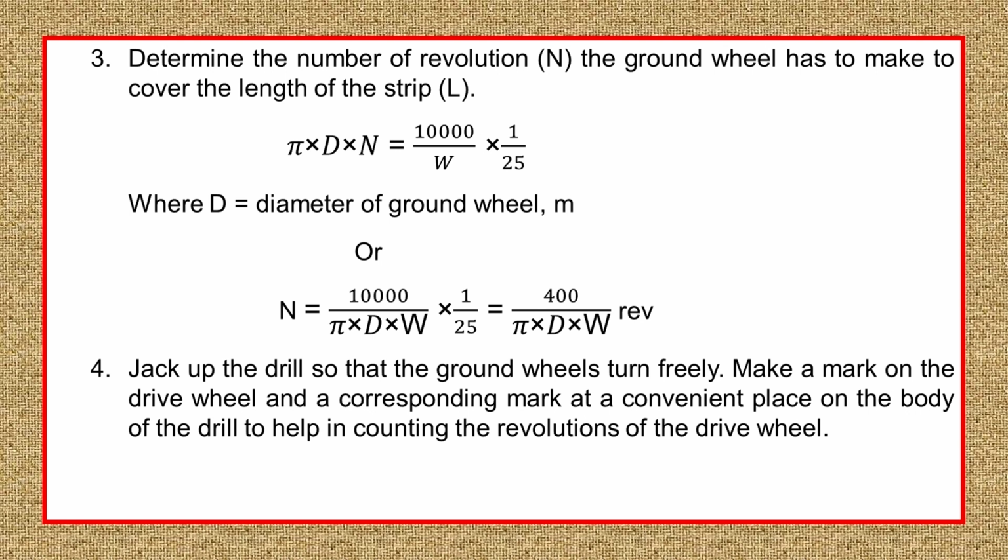Then we will mark on the drive wheel as well as a corresponding mark at a convenient place on the body of the seed drill or planter. In order to count the number of revolutions, we are going to rotate that drive wheel. The number of rotations we are going to make is equivalent to the n which we calculated at point number 3.